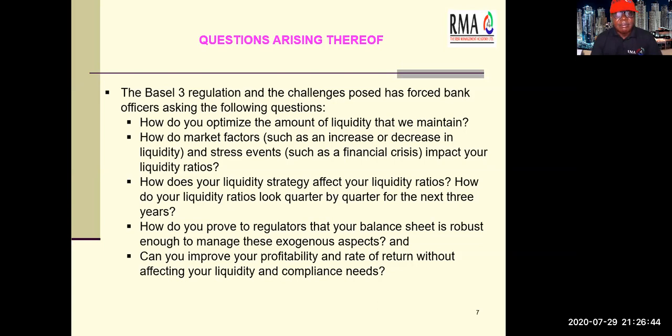And how can banks, or financial institutions, prove or demonstrate to regulators that their balance sheet is robust enough to be able to manage exogenous factors? And finally, how can they improve their profitability and rate of return without affecting their liquidity and their compliance needs? So these are very key questions that the Basel III has thrown before officials of banks. So how will they be able to deal with these issues?